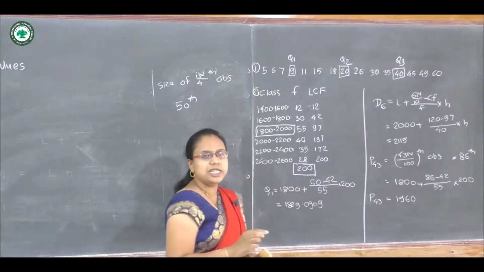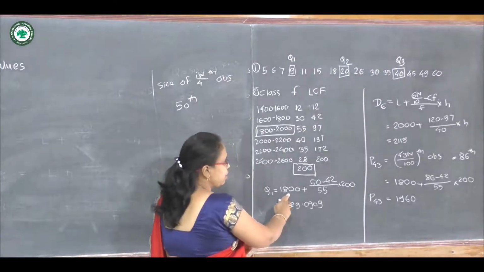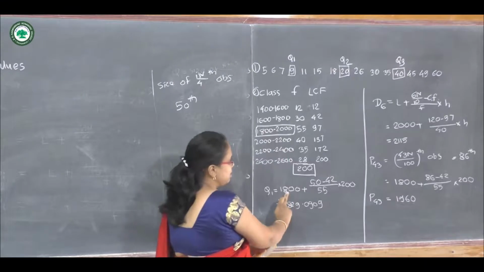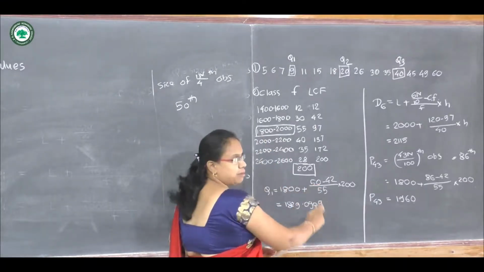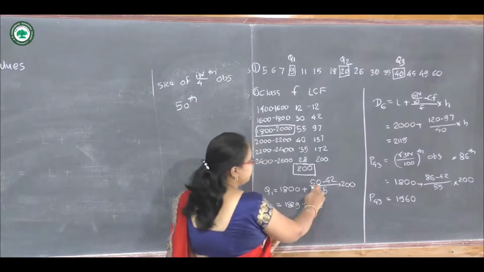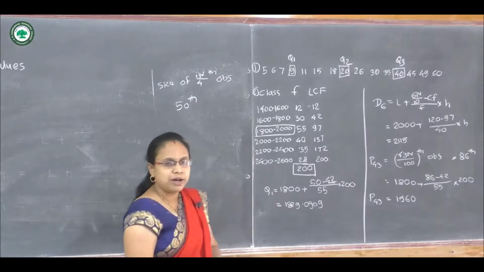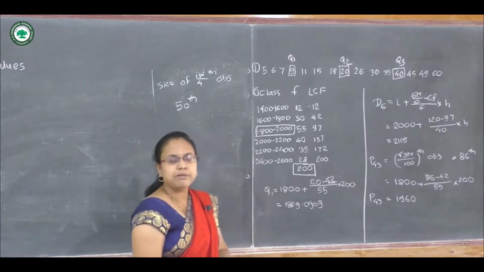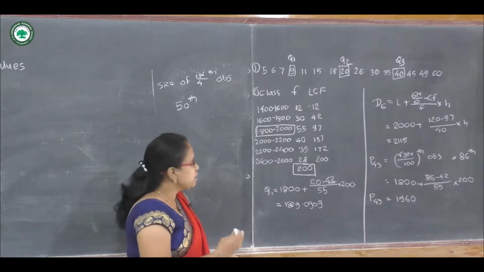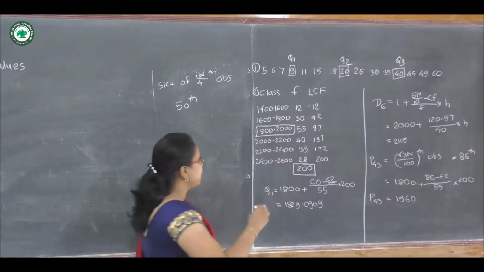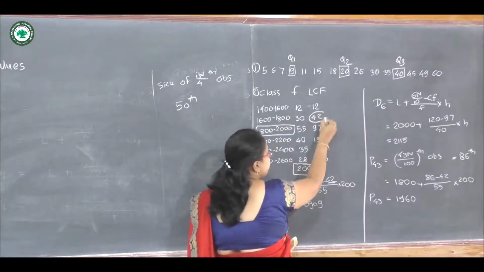So now it is easy to calculate by the formula. Q1 is the lower limit of the quartile class, 1800, plus n upon 4 minus CF. CF means the cumulative frequency just previous to the first quartile class, which is 42.